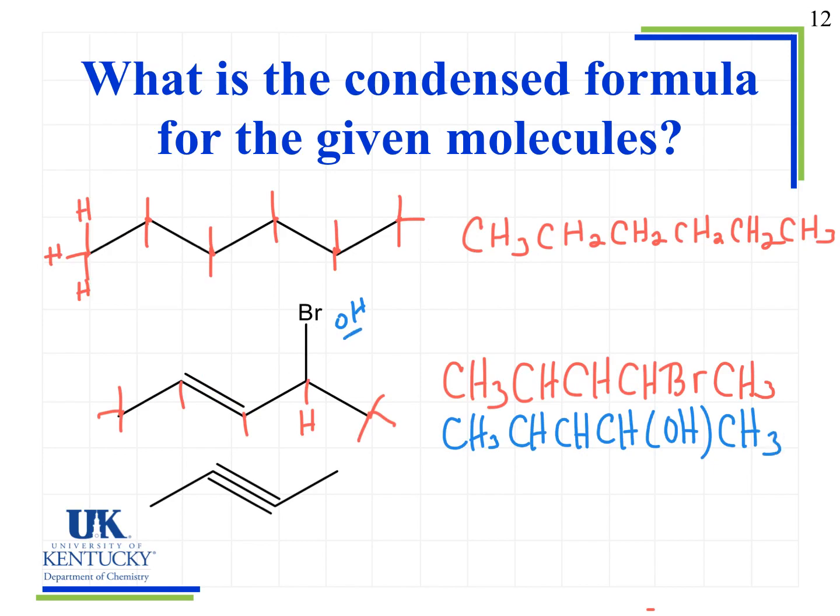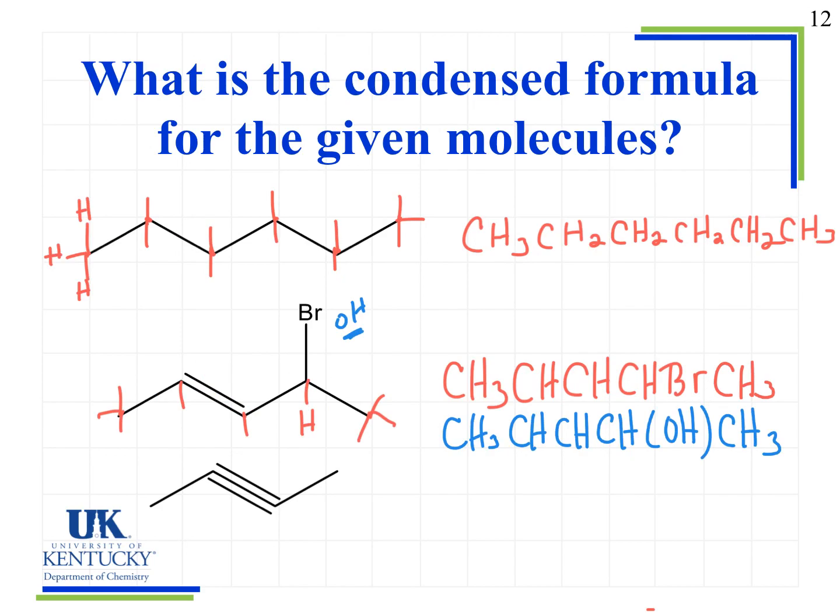And so this is showing if we had an OH there instead of the Br. The reason we show it this way is because oxygen could actually be in the chain of carbons. We can have a carbon-oxygen-carbon bond. We can't do that with bromine because it only forms one bond, just like hydrogen. And so because oxygen could be in the chain, the parentheses indicate that no, this isn't part of the main line of carbon atoms. It's actually off to the side.